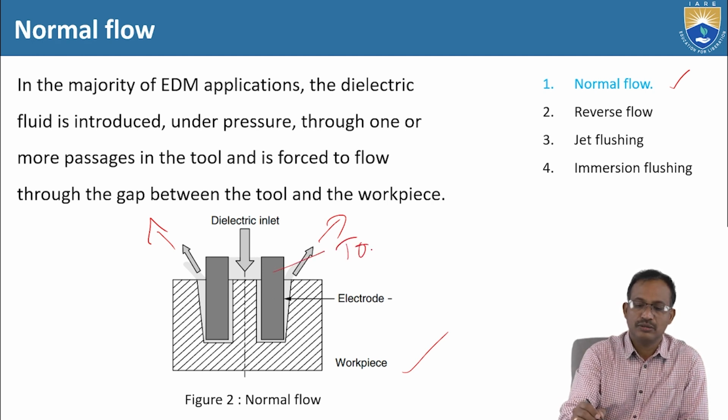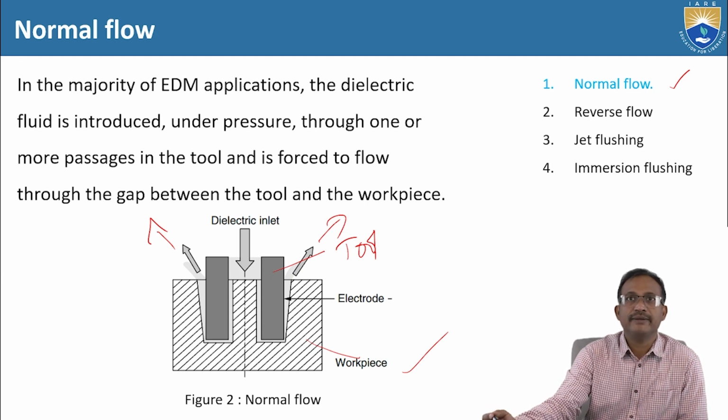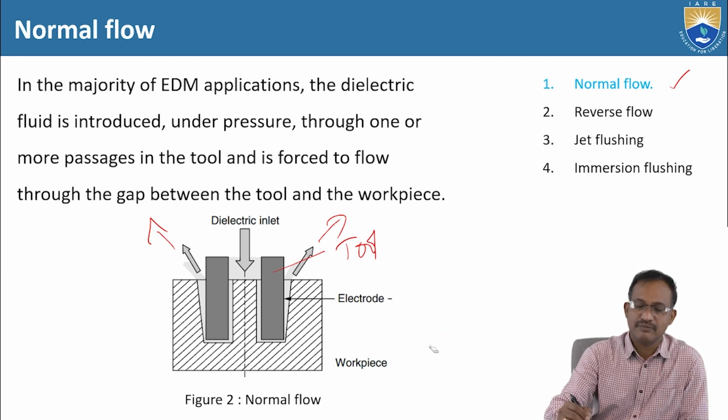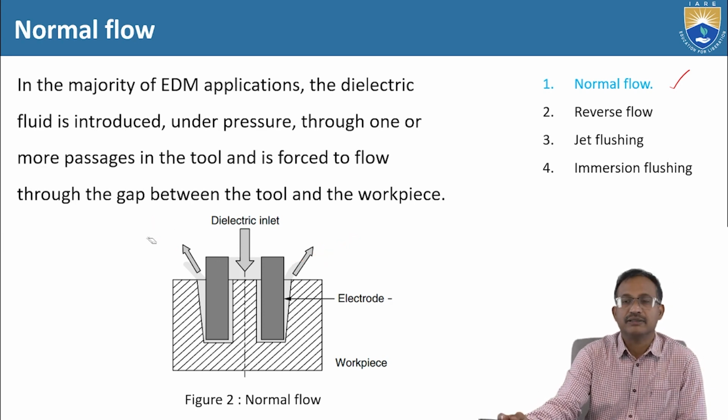This is the tool and this is the workpiece. Here the tool is nothing but the electrode. So this is about normal flow.